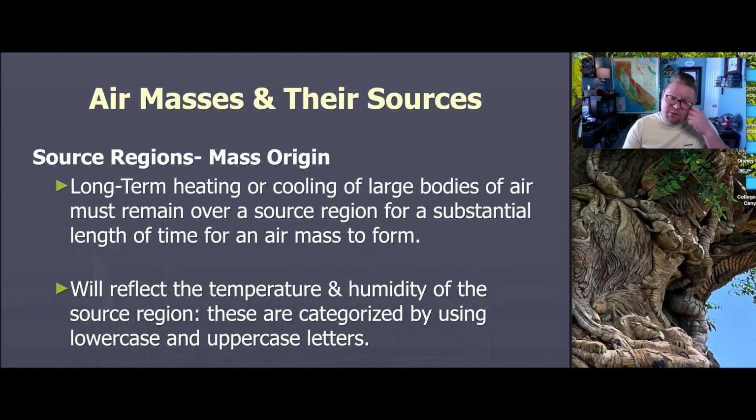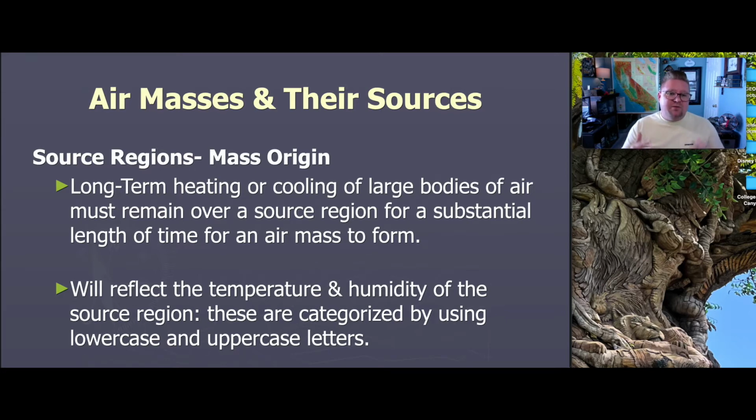To talk about the source or the origin: with air masses, long-term heating or cooling of large bodies of air must remain over a source region for a substantial length of time in order for an air mass to form. An example of that could be desert regions, or perhaps places like tropical rainforests.